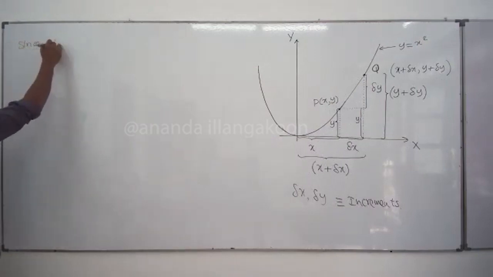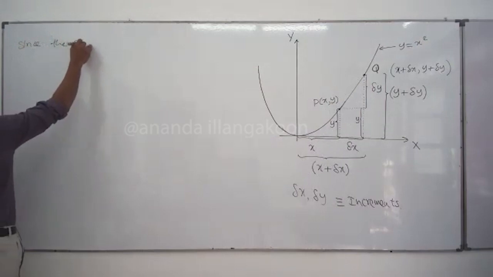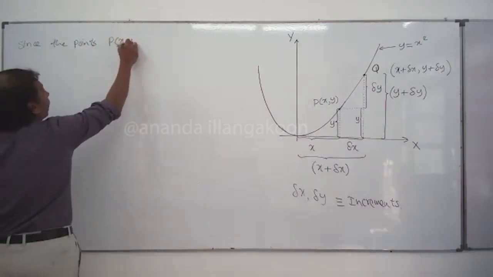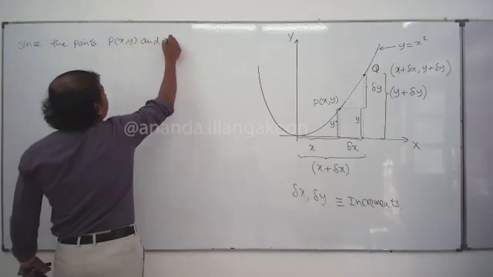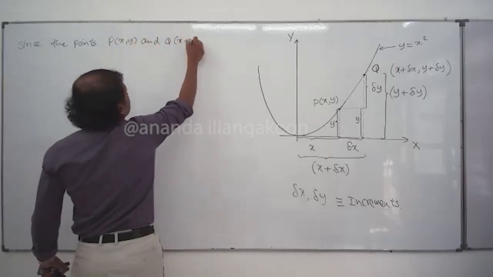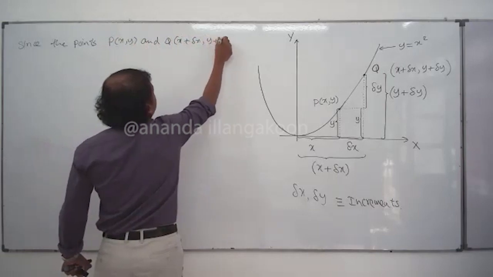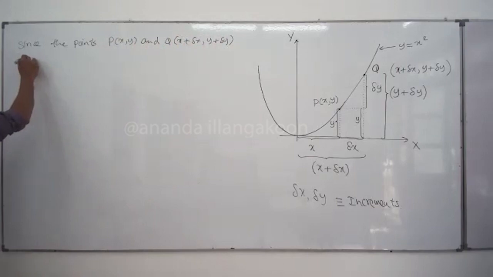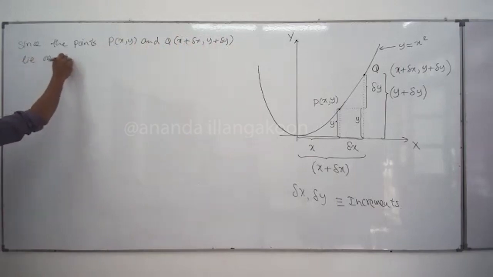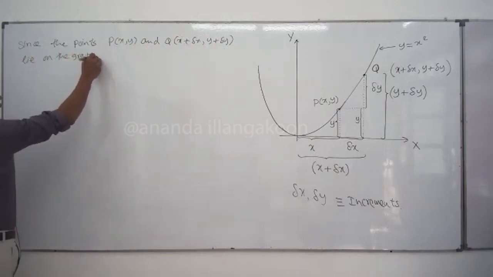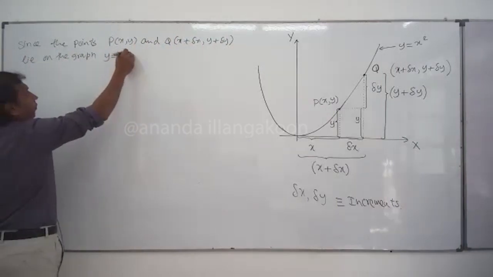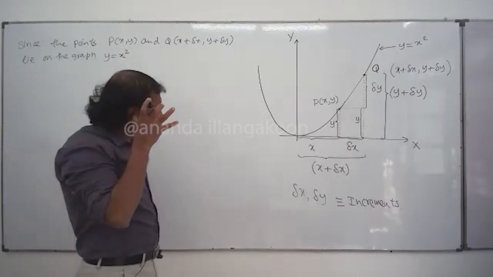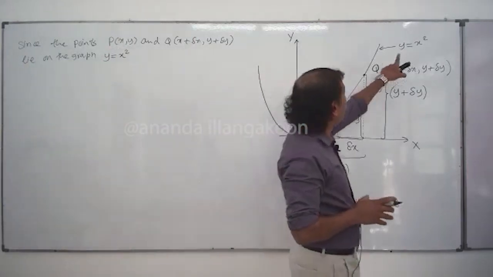Since the points P, x, y and Q, x plus delta x, y plus delta y, lie on the graph y equals x squared, what can you say, people? First, you can put x and y in the places of this and this.